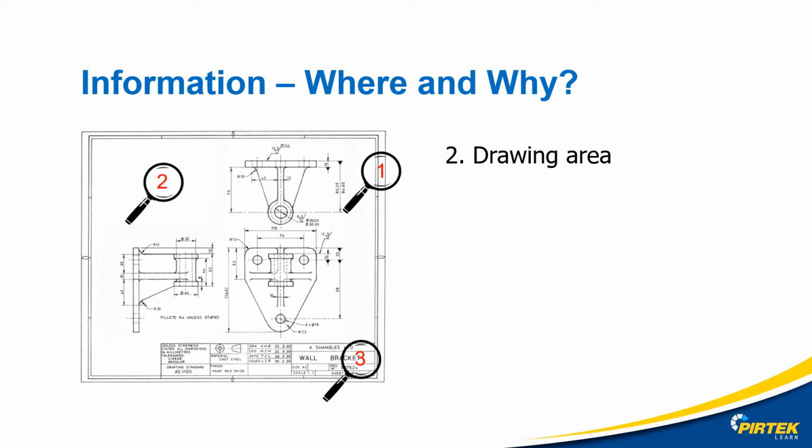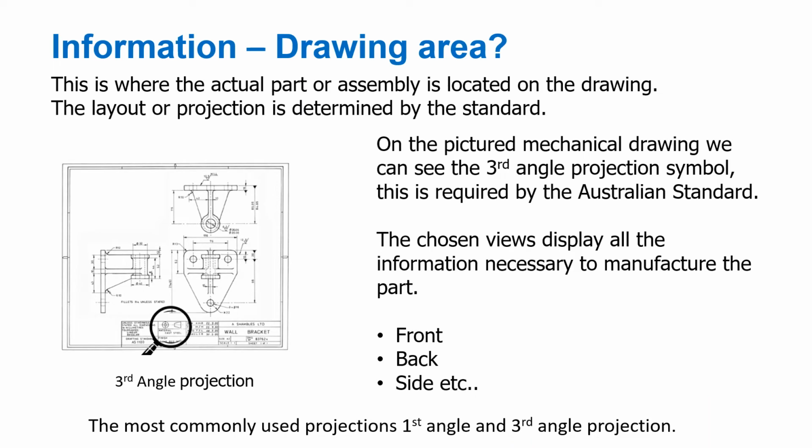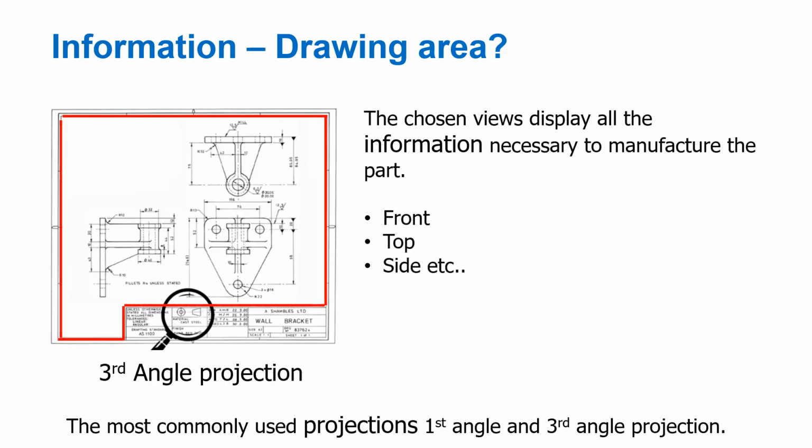Another section of our drawing is the drawing area. This is where the component is located. As per the Australian Standard, part drawings need to be laid out in a certain way. In this example, the part is laid out in a third angle projection. It shows the front, the top, and the side view.